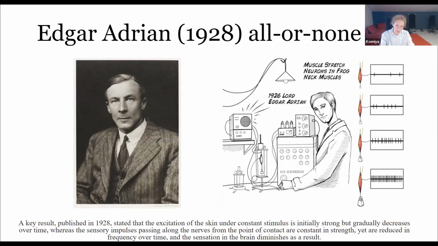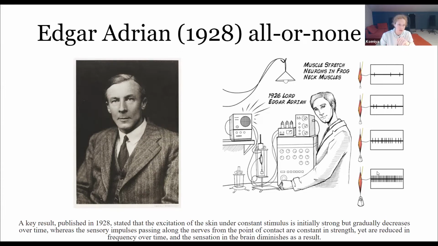In particular, he measured the signals of retinal cells and sensory signals caused by electrical stimulation of the skin of the frog. In the second, the electrical stimulus was continuously decreasing while the amplitude of the impulses ultimately remained constant. But the frequency changed.